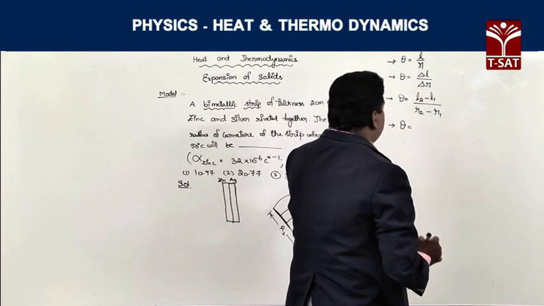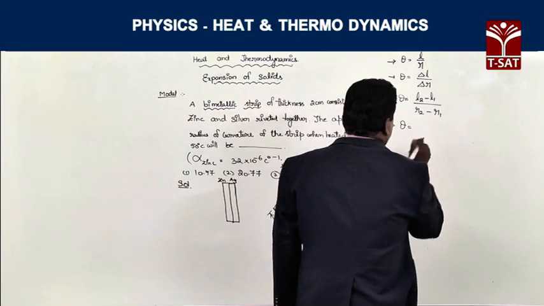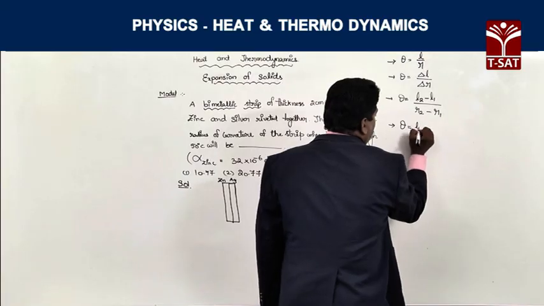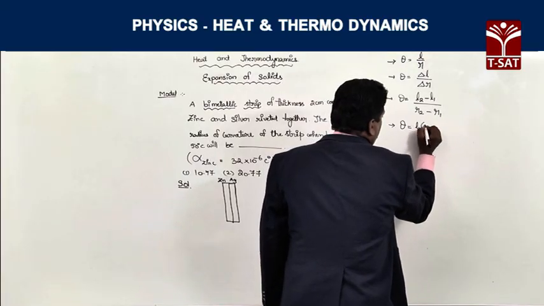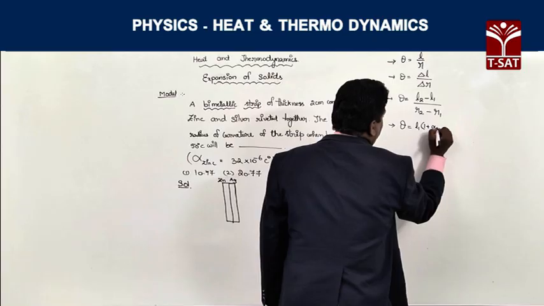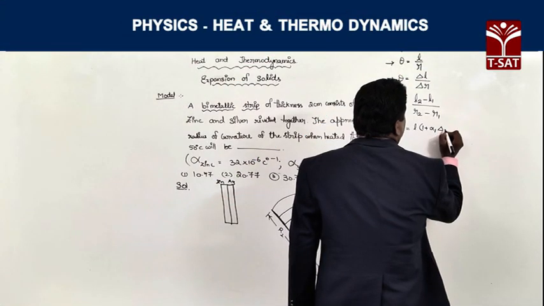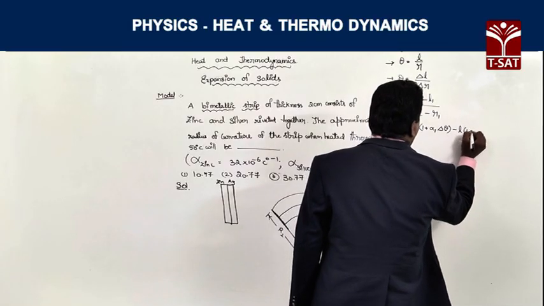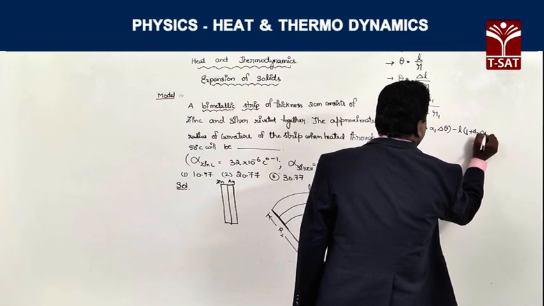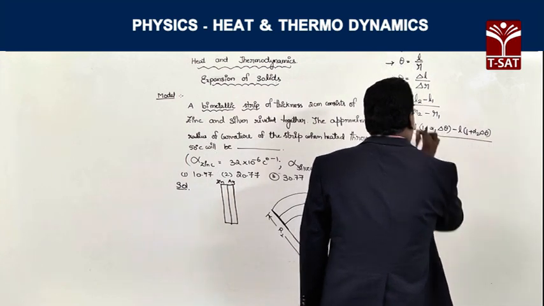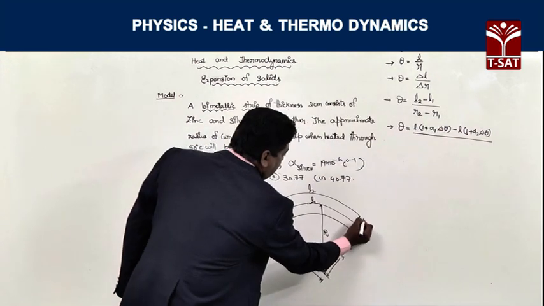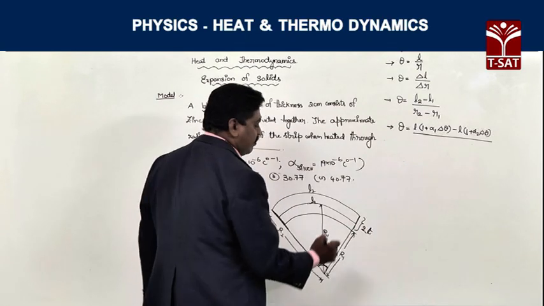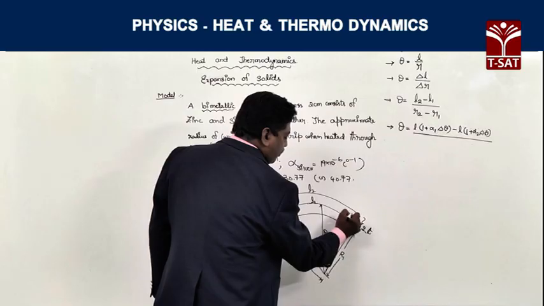L2 minus L1 is given as L into 1 plus alpha 1 delta theta, minus L into 1 plus alpha 2 delta theta, and R2 minus R1 is the thickness of the bimetallic strip, which is 2T, T for each strip.